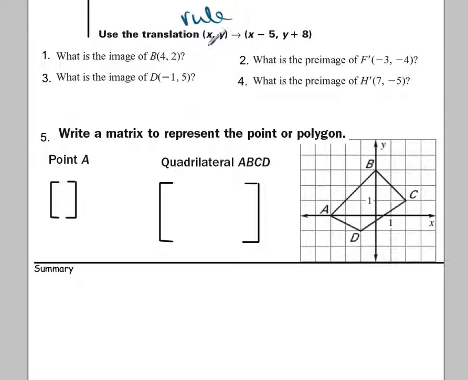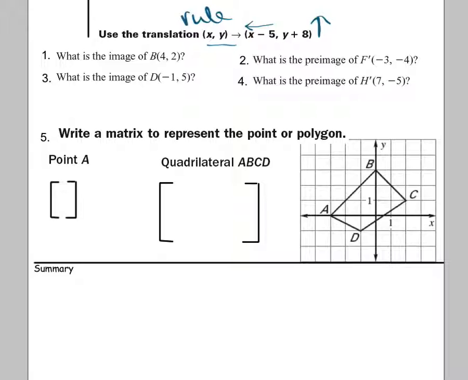They wrote (x, y) with this arrow, which usually means "such that" (x - 5, y + 8), which means they want you to take the x value of the point and subtract 5, which would move it to the left 5. And they want you to take the y value from the point and move it up 8. So the y value is going to increase, moving it upwards.